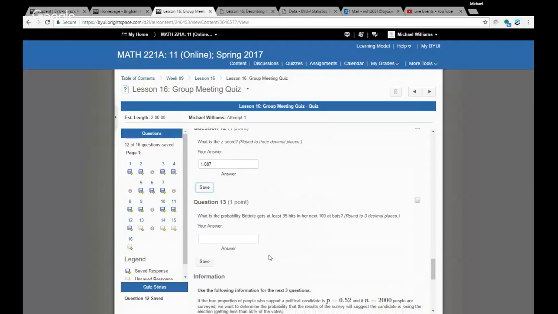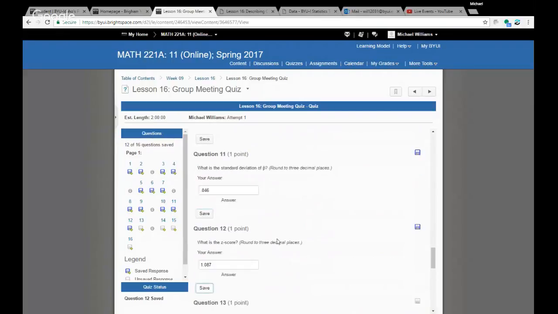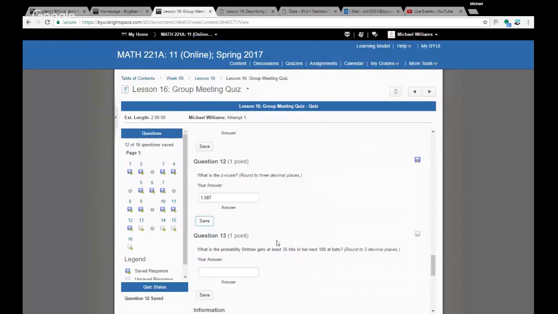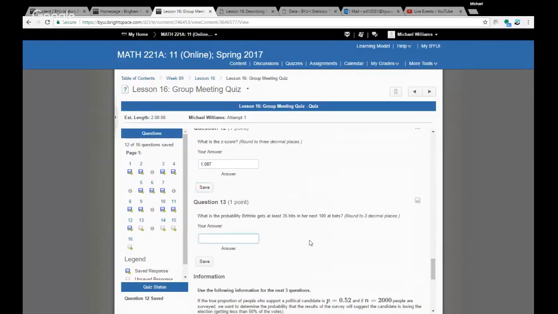Often they've said, don't round until your last part. They didn't specifically spell that out, so I think we'll roll with that. When you're dealing with small numbers like this, rounding and not rounding sometimes matters. With big numbers it's not as big a deal, but with small numbers sometimes it is.